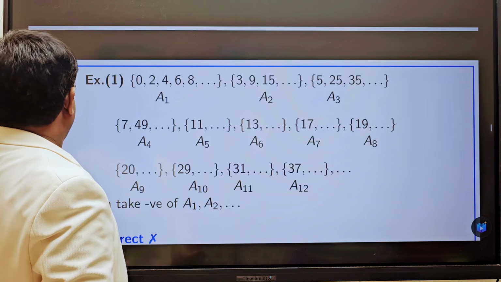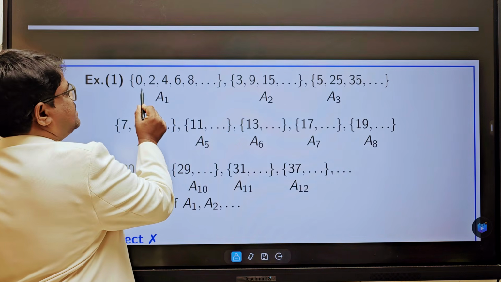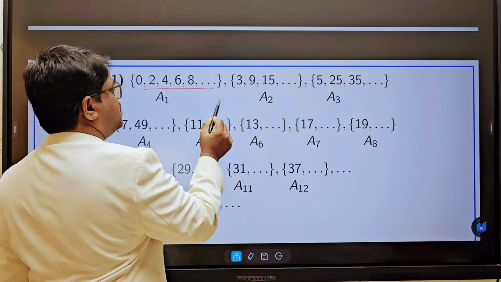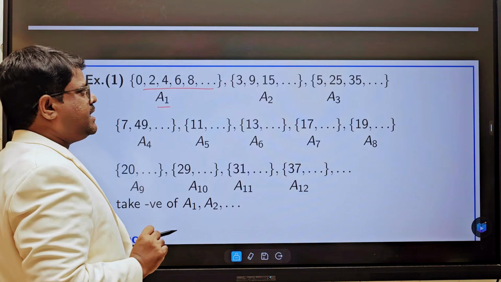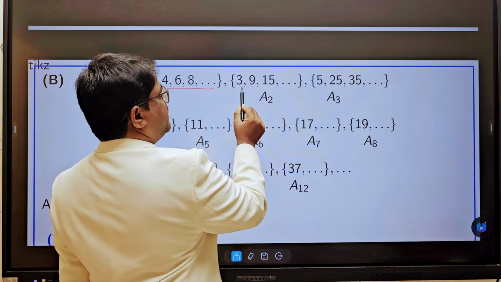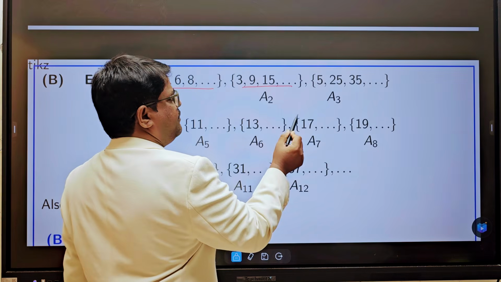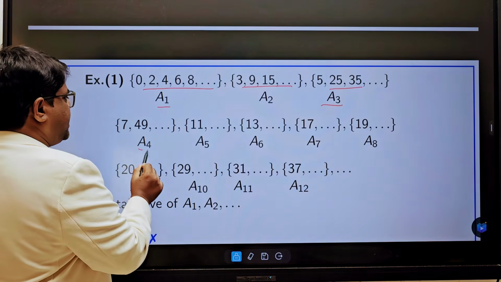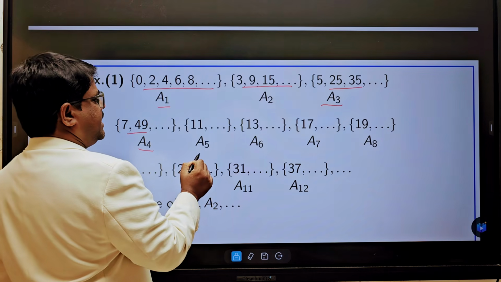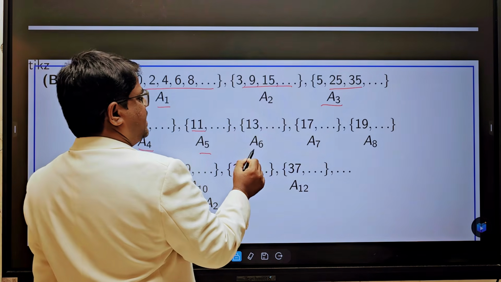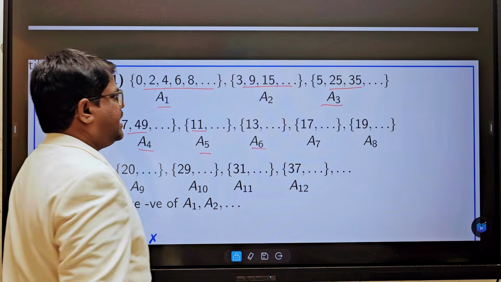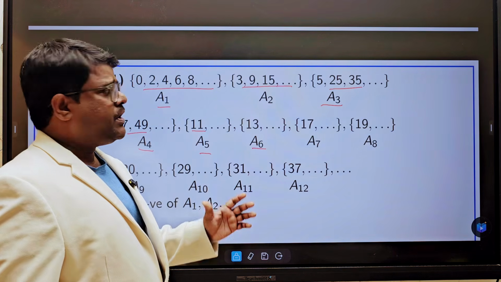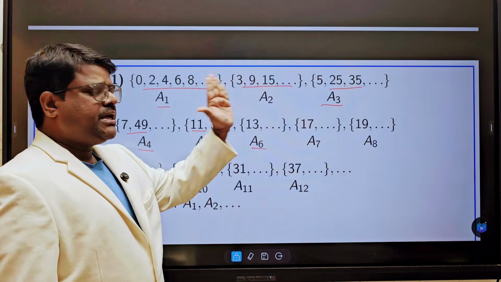I will take A1 as the multiples of 2, this is infinite. I will take A2 as multiples of 3, A3 multiples of 5, A4 multiples of 7, A5 multiples of 11, A6 multiples of 13.